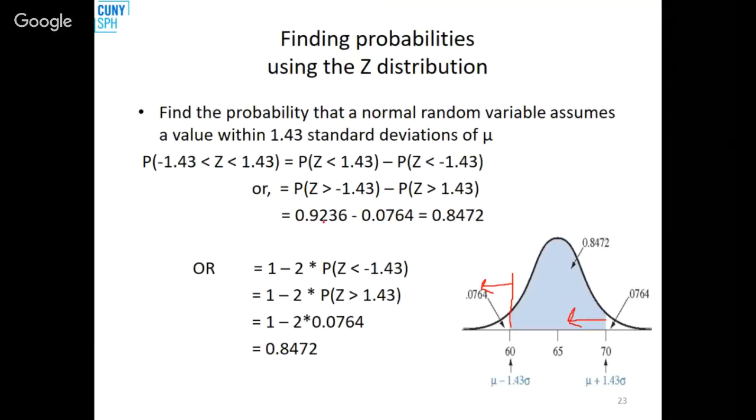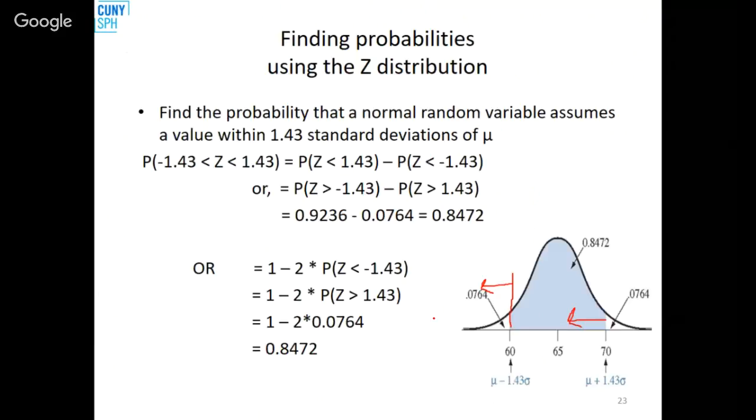Or alternatively, the probability of z greater than minus 1.43, that would be everything to the right of here, minus the probability of z greater than 1.43. That is what you would use if you had right tail probabilities. It's the values that we looked up before and turns out to be 0.8472.